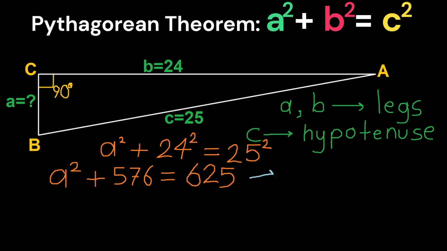Let's go over here to do the next step. Let's keep a squared over here, and let's move 576 to the right side, and it becomes minus 576.